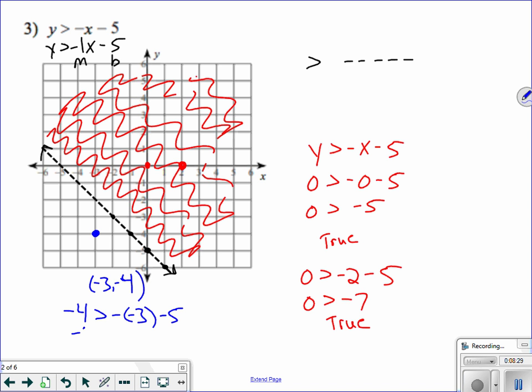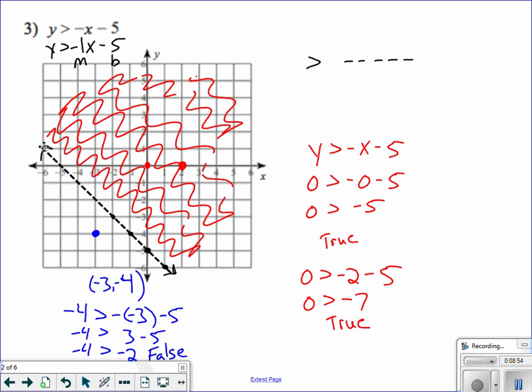So that's going to turn to a positive 3, which is going to give us negative 4 greater than negative 2. Well, negative 4 is not greater than negative 2. That gives us a false statement, and that is why we do not shade that side of the line. Those would not give us true statements.